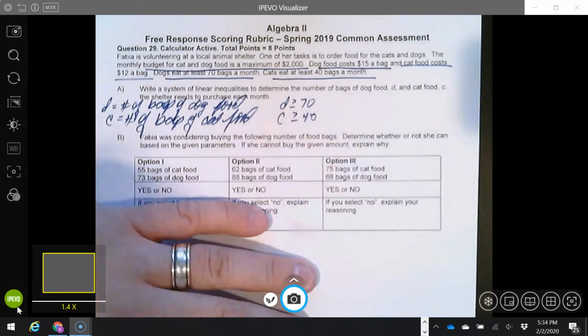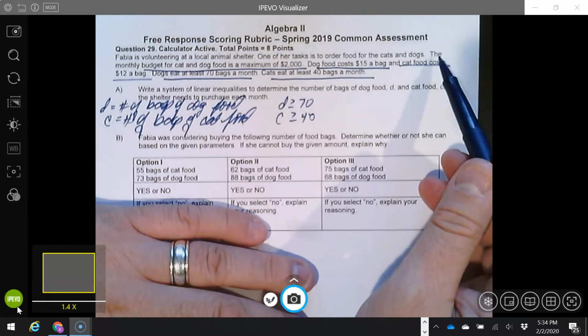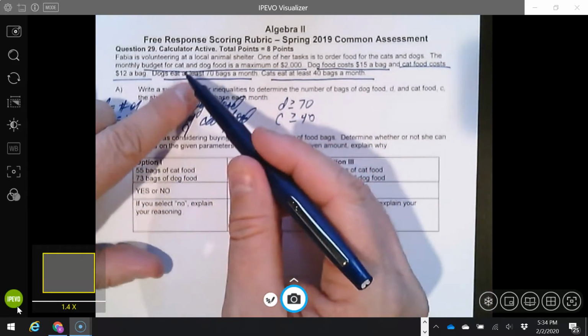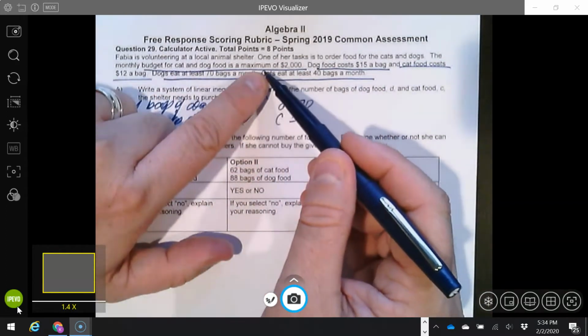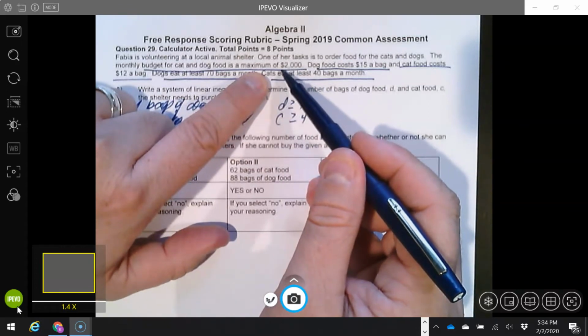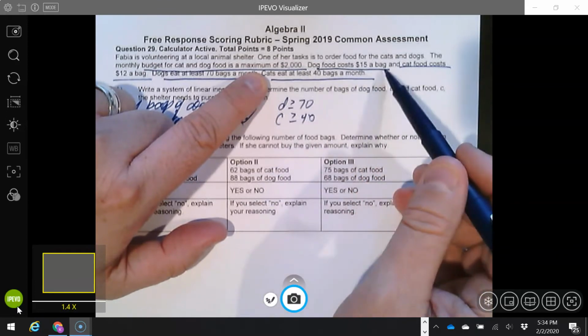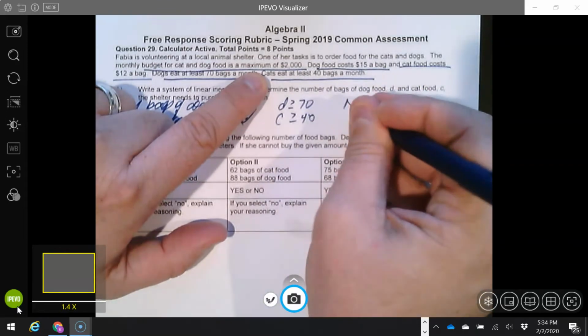That's two inequalities. That's good, but I think there has to be another one here. And if you look at the question carefully, where that comes in is in this first part where it says the monthly budget for cat and dog food is a maximum of $2,000. Well, how much does it cost for dog food? Every time I buy one bag of dog food, that's $15.